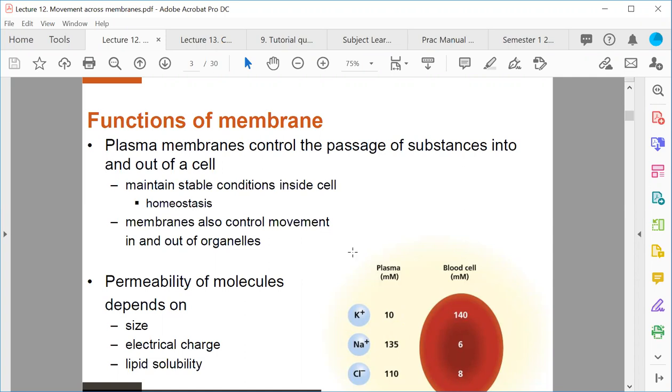And of course, we're only talking about plasma membranes here, but this applies equally to other biological membranes. So remember those membranes that surround organelles within the cell. So of course they also control movement of substances into and out of those organelles.